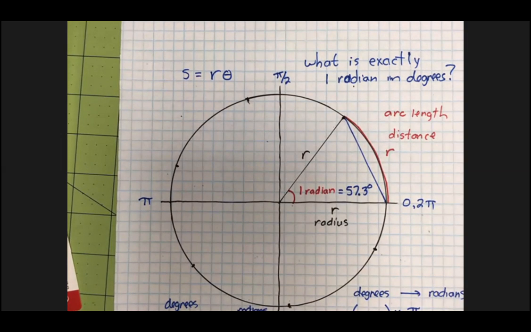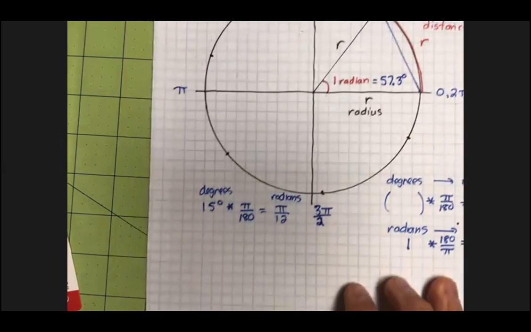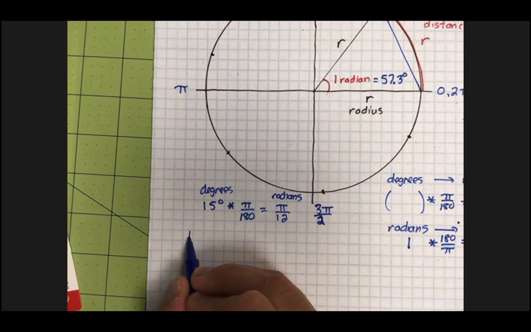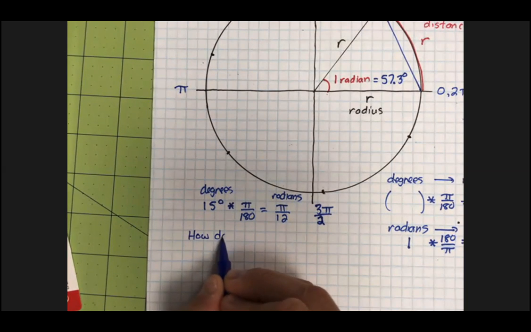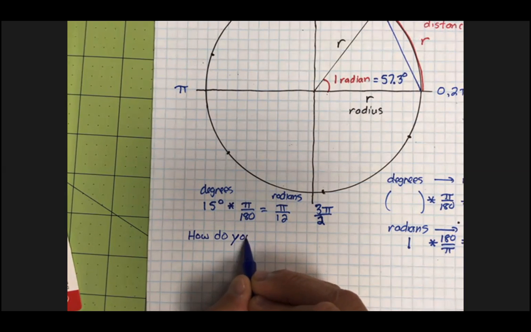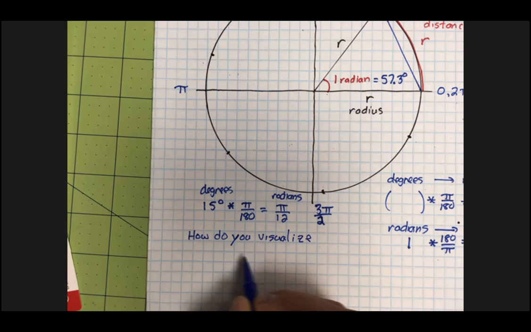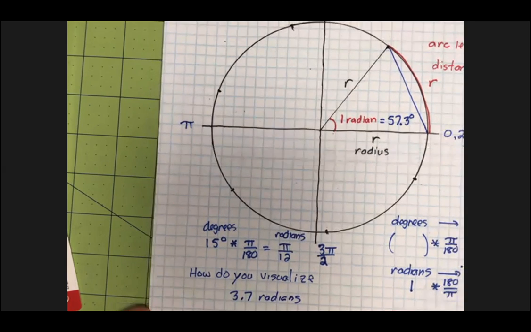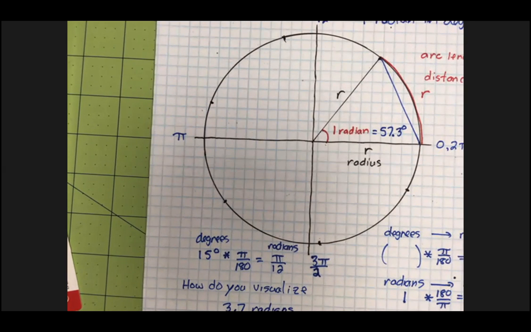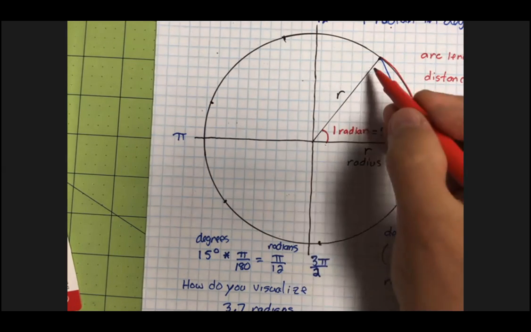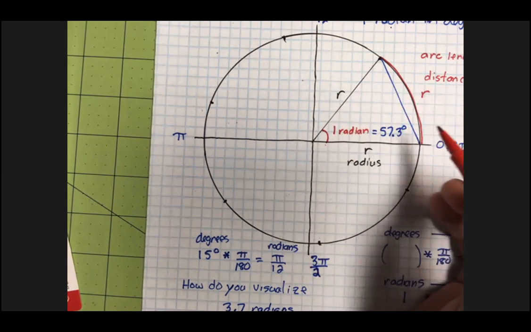Okay, but what I want you to be ready for is how do you visualize, not if someone gives you a fraction of pi, but what if someone just gives you a raw number like 3.7 radians? Exactly how many degrees is 3.7 radians? Well, I could estimate it on the circle, then I can calculate it with a calculator.